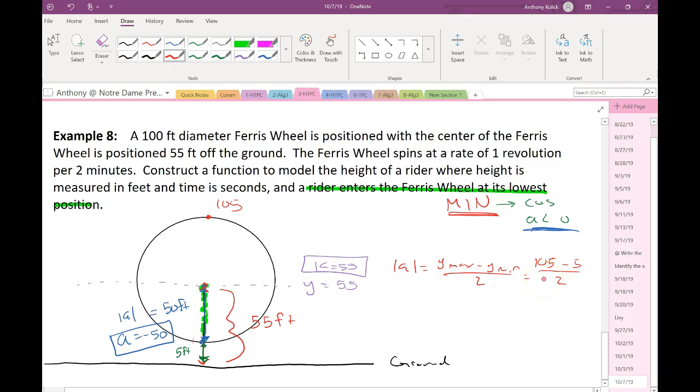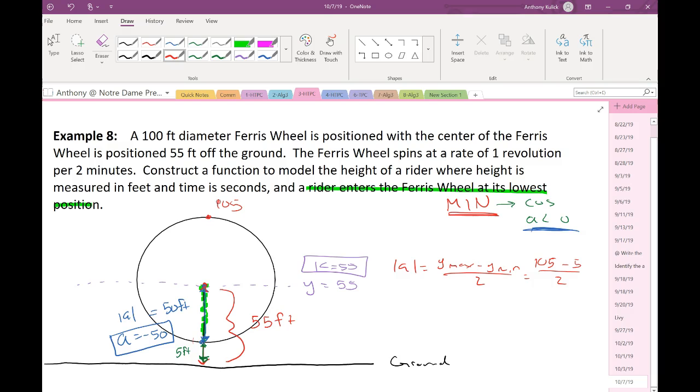So that's going to be 50 as well. So you can think about it that way if you prefer. If you prefer to use those old formulas, you can still use those old formulas to do the A and K. I thought that perhaps visually that would be helpful as well. Yeah, so it's still 105 feet off the ground because you're starting not at 0 with the Ferris wheel.